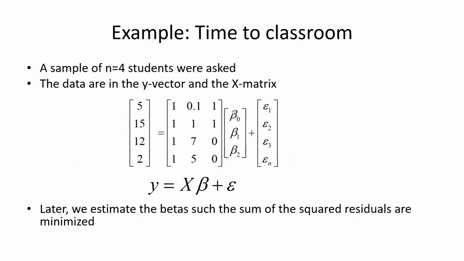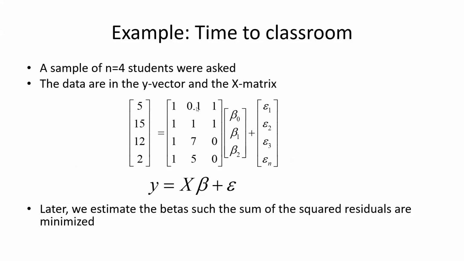And so you see these 3 are multiplied onto these 3, so the intercept is always 1, right? So 1 times beta 0 plus 0.1 times beta 1. What was x1? How long it took them to get to the first class.